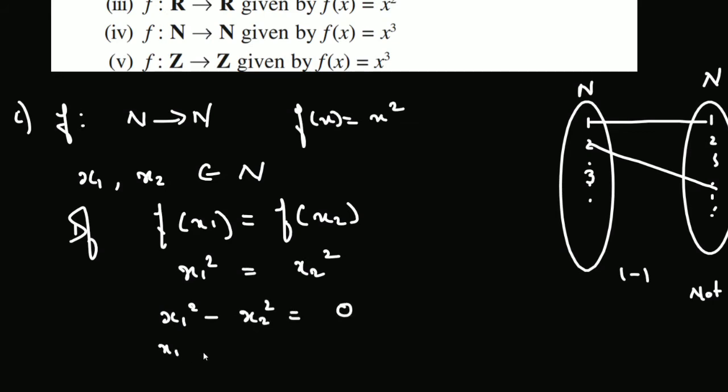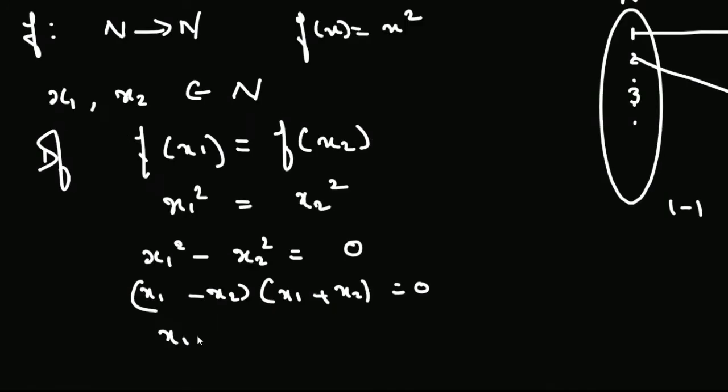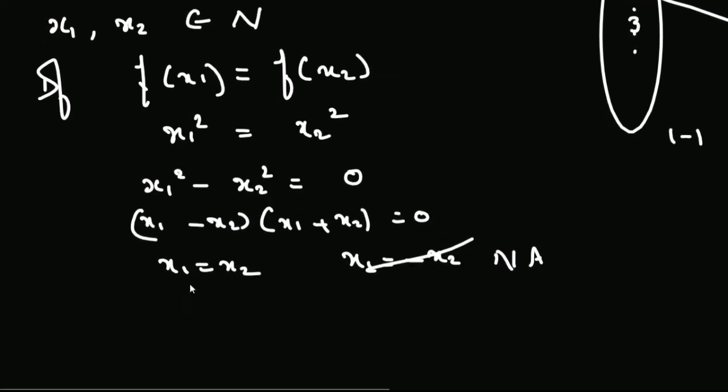So x1 minus x2 times x1 plus x2 equals 0. So x1 is equal to x2, or x1 is equal to minus x2. This is ruled out because we have taken x1, x2 as natural numbers. So this possibility is not there at all. So we have proved that x1 is equal to x2. Therefore the function is 1 to 1.